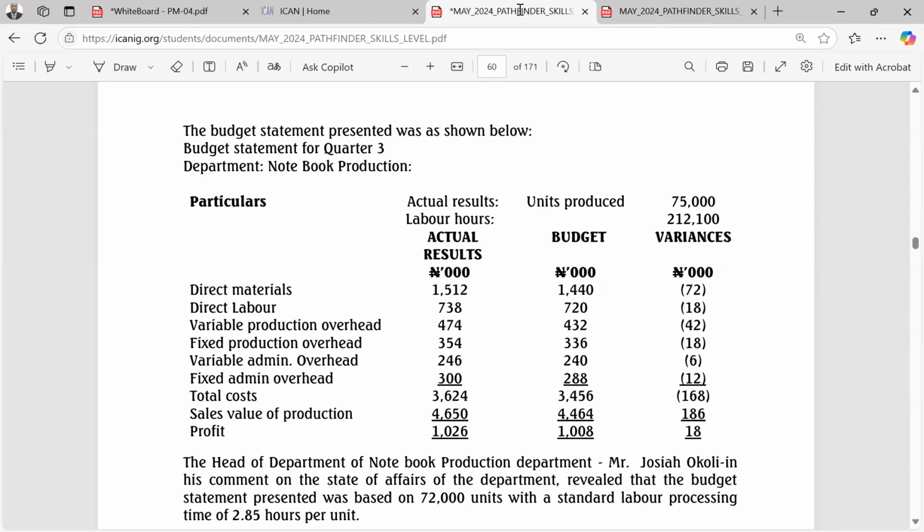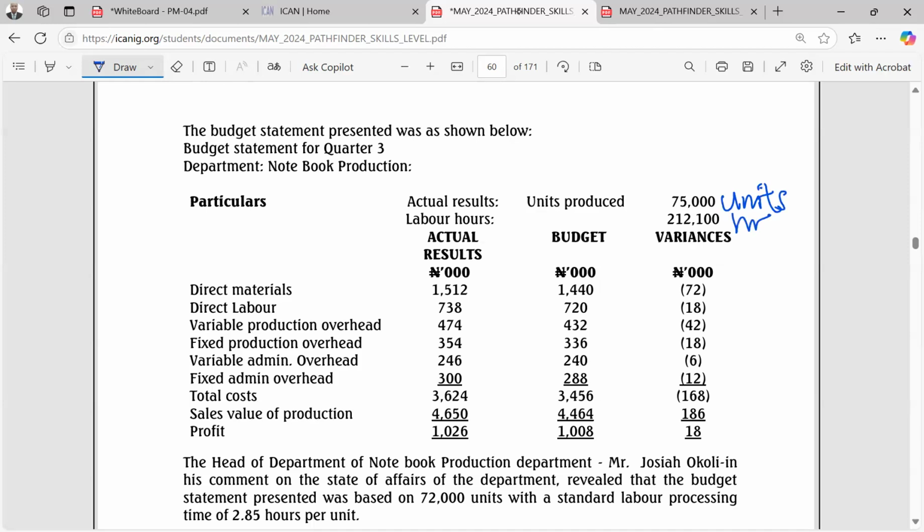Units produced is 75,000 units. Labor hours, that's actual labor hours, 212,100. So let me put something here. This is units, and this is hours.